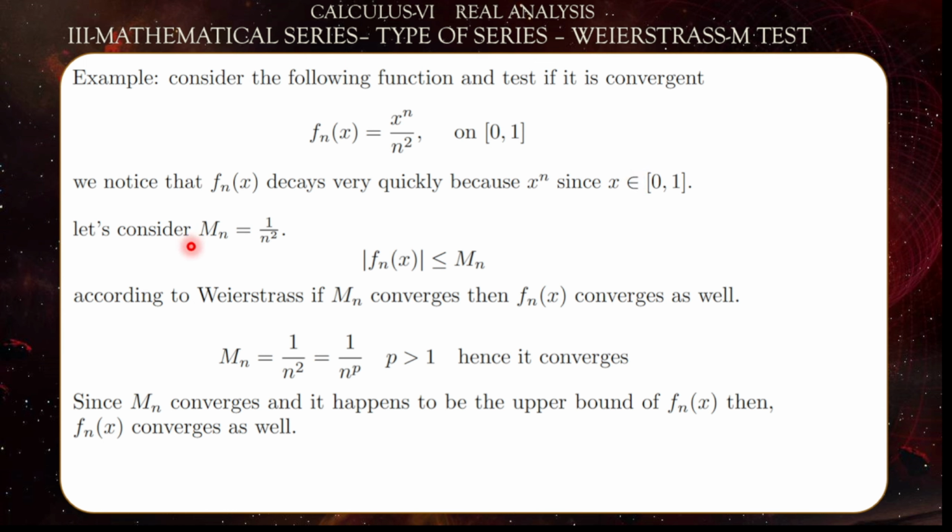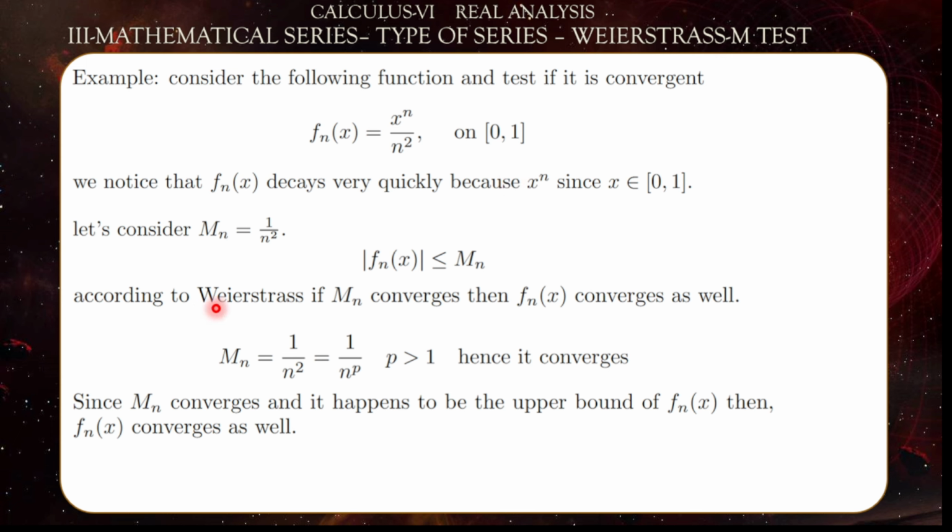So let's consider Mn equal to 1 divided by n squared. In such a case, of course, fnx in absolute value is less than or equal to Mn. Why? Because the numerator carries a value between 0 and 1 that, when you raise it to the power of 2, 3, 4, decays very quickly toward 0. So it annihilates the entire function.